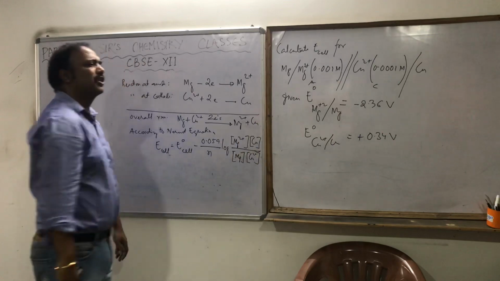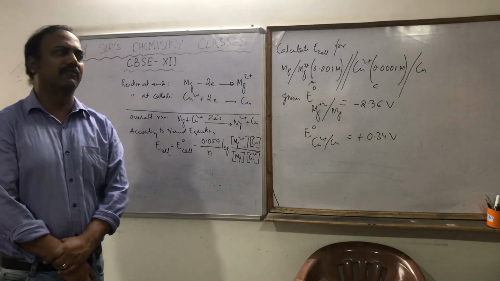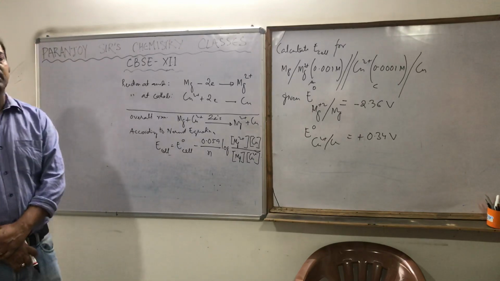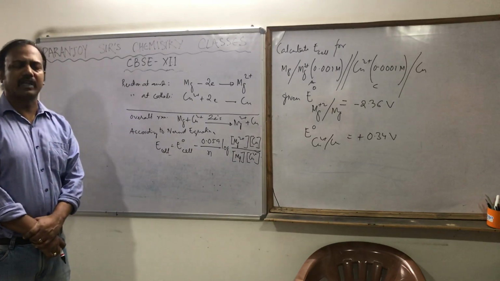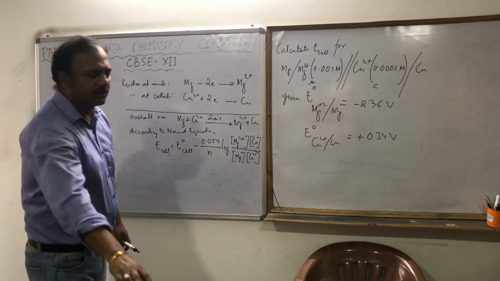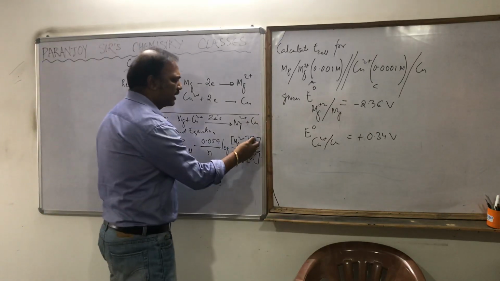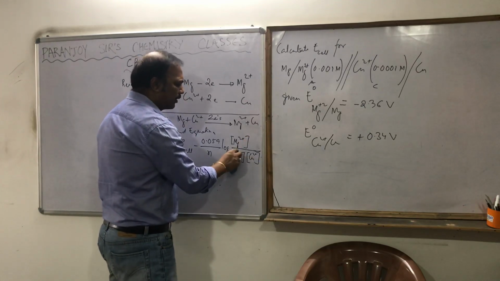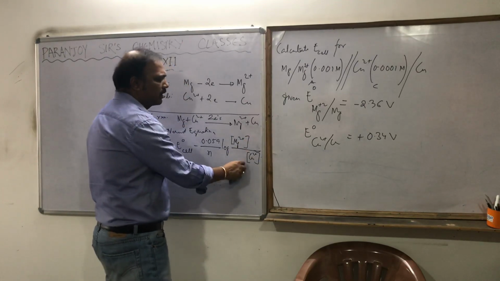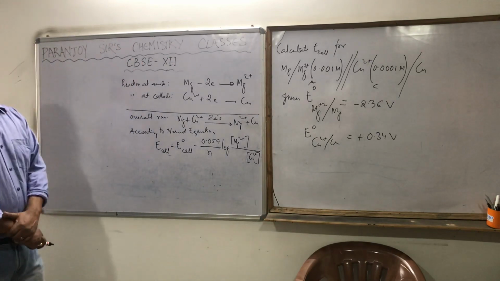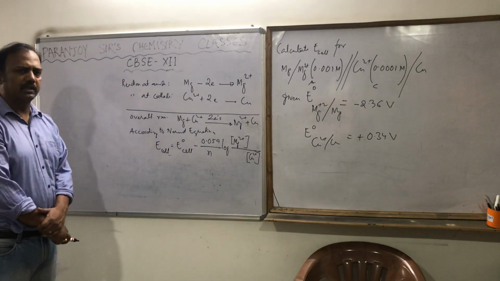Now concentration of Cu and concentration of Mg: since they are pure solids, the concentration, or the active mass, should I say, is considered as 1. So if you don't write these terms, it is simply multiplied by 1, because as I told, for concentration we only take the aqueous solution's concentration.